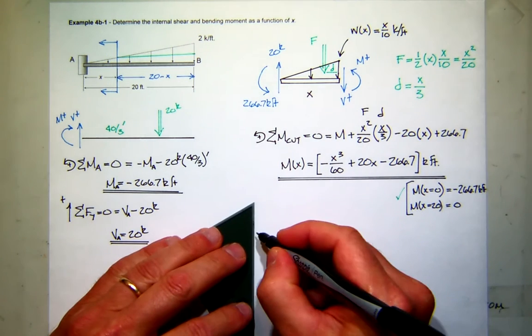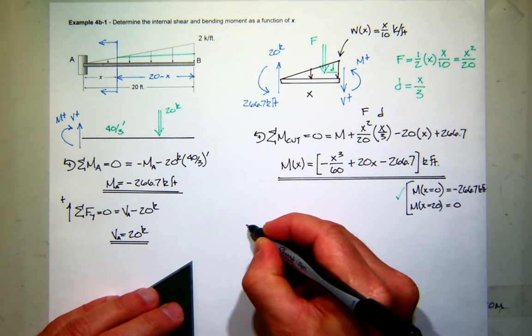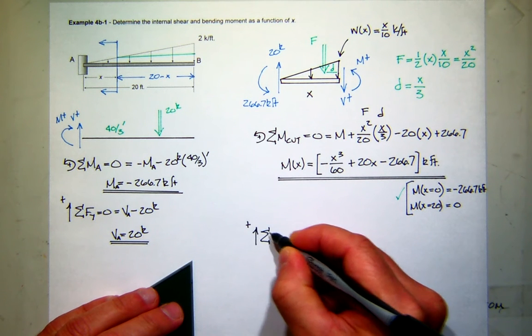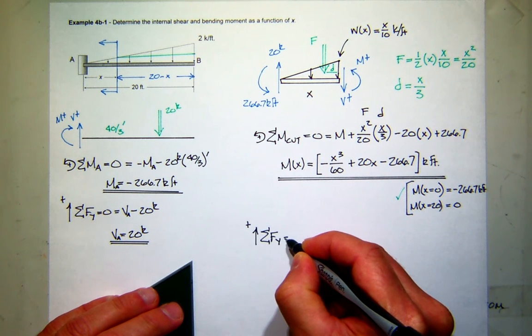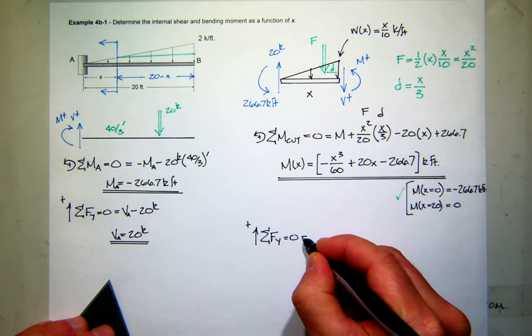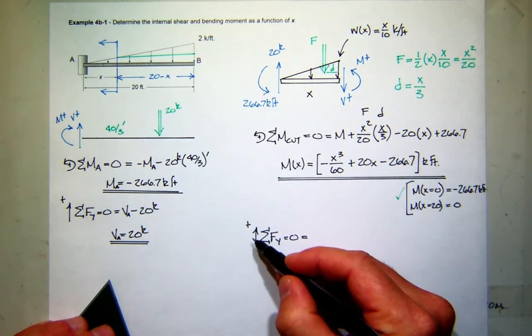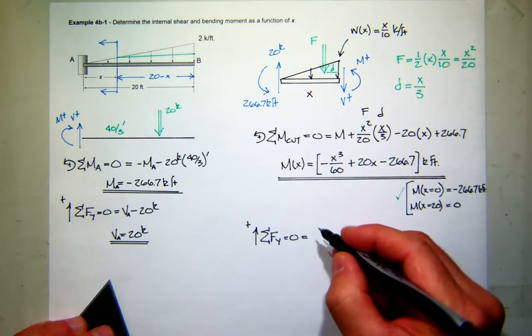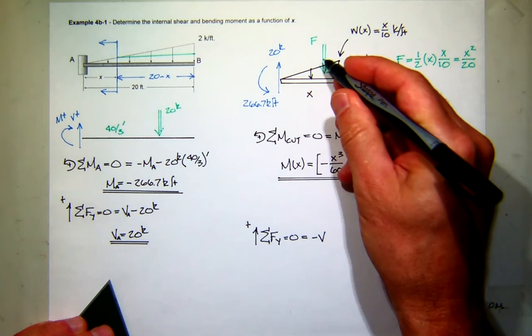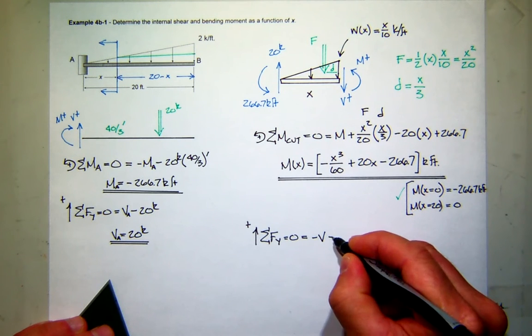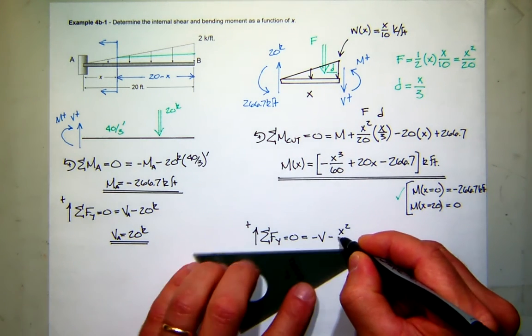So let's come back now and sum forces in the y direction to make sure that's in equilibrium. So I'm assuming up is positive, so my shear is down. My force is down, and that force is x squared over 20.